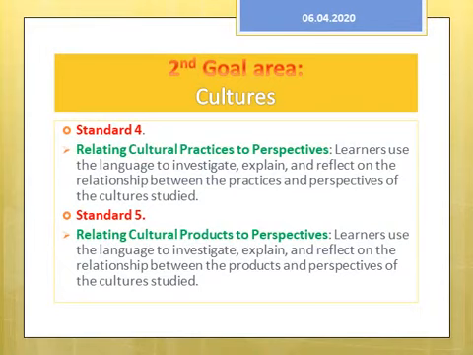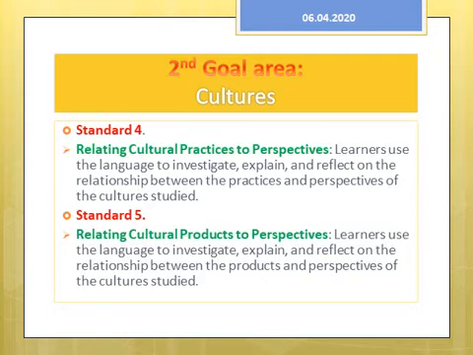The goal area of cultures includes two main standards which aim at measuring the students' understanding of the relationship between cultural perspectives and cultural practices, as in standard number 4, and the relationship between cultural perspectives and cultural products, as in standard number 5.